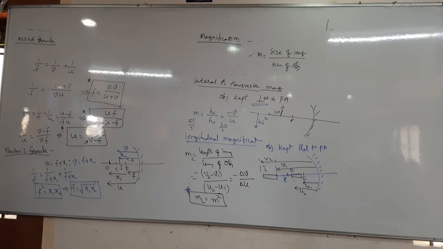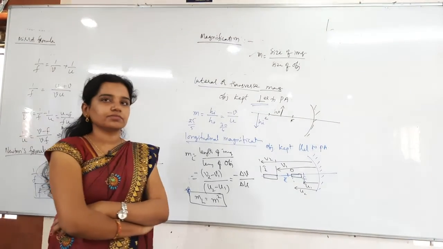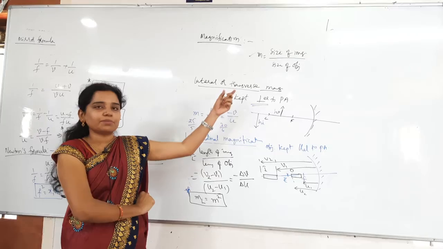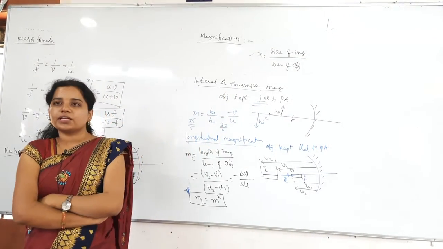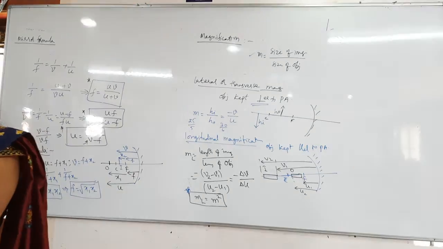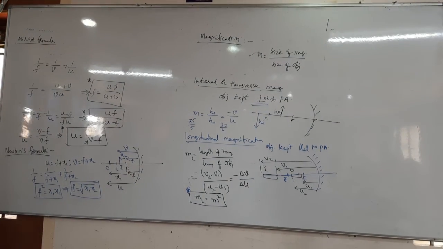Perpendicular, so which type of magnification will we get? Perpendicular is nothing but lateral magnification. In lateral, are any squares there? Nothing. So you can write Vi is equal to m times V naught.